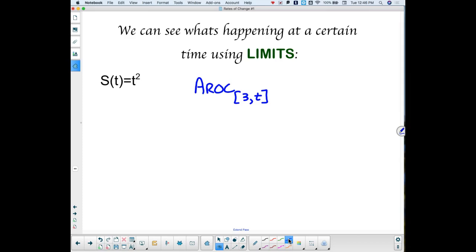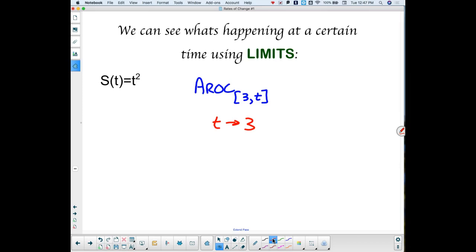My interval is from 3 to t, and what I want to do is send t to 3 seconds. So that becomes instantaneous.